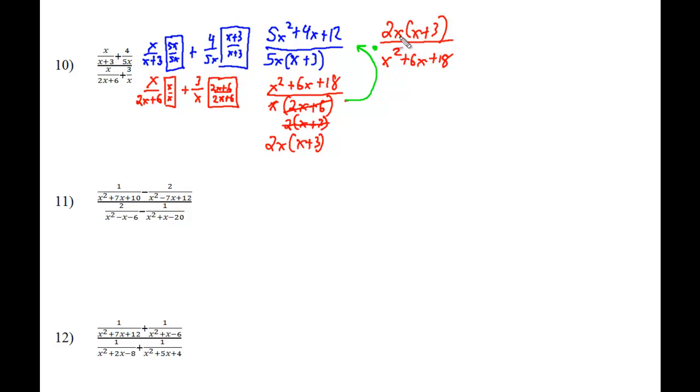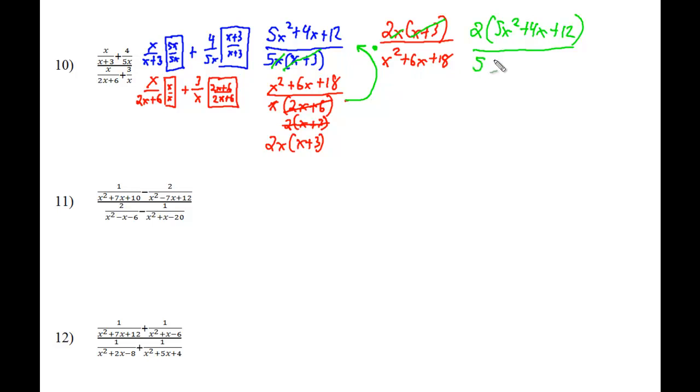What this leaves me with when we start to do some simplifying, we are going to look at the x plus 3's, which can simplify across this diagonal. And the x's will simplify across the diagonal. And that leaves me with 2 times the quantity of 5x squared plus 4x plus 12, which might mean that you could possibly factor this, but let's wait just a little bit before doing so.